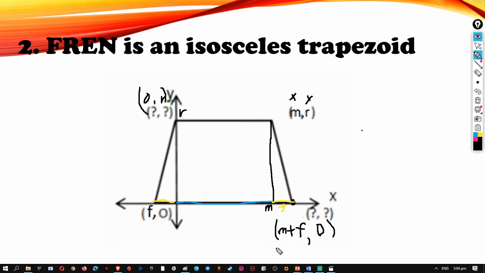Ayan. So, heto ang sagot. Okay. So, in short, we have 0, r and m plus f, 0. Okay? So, buray na natin.